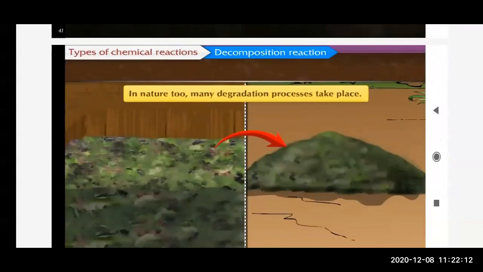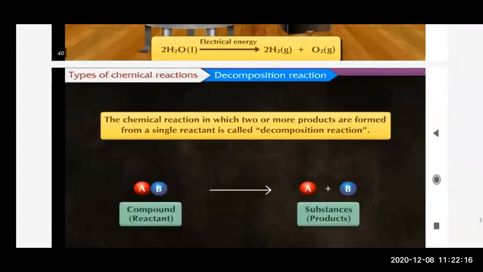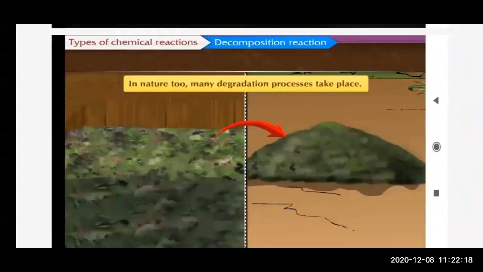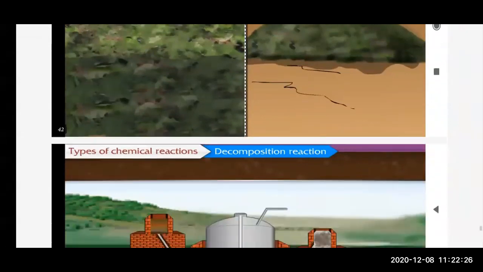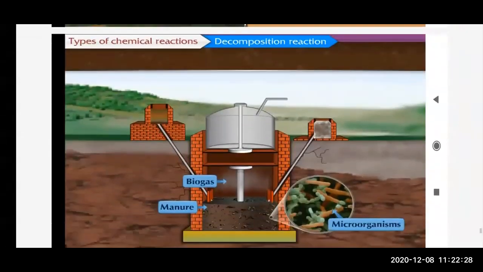At last we have seen some more information about decomposition reaction. They have given an example from nature, that in nature too, many degradation processes take place, right? Out of that, the first example is biogas: whatever organic waste is there is decomposed by microorganisms.